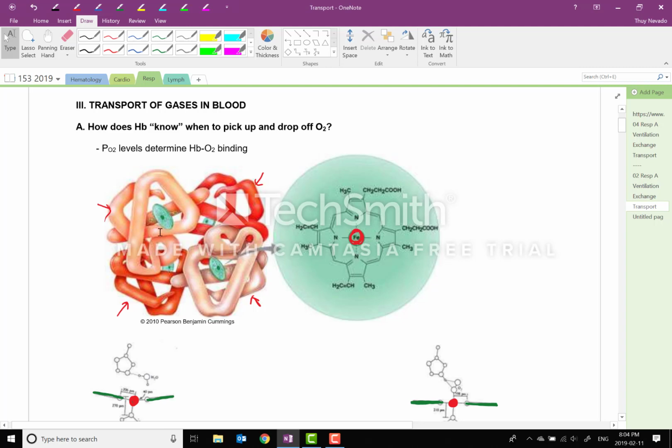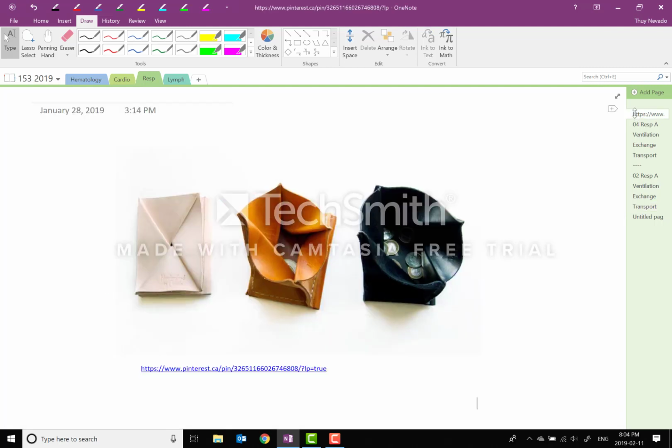So when you think of this hemoglobin, note the 4 heme groups, the 4 iron, the 4 possible areas where oxygen binds. So if we take a look at my analogy, the coin purse, it's almost like in this area here, you could have iron where oxygen can bind.